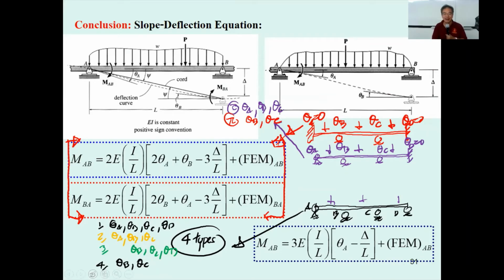And then analogy to this one, you may have the beam, the big picture. I didn't talk about this with Tyson yet. I will talk to them later. This is going to be fixed, and this is going to be pin, roller. This is going to be similar to the purple one. This is the big picture that you may have for the slope deflection of the beam.